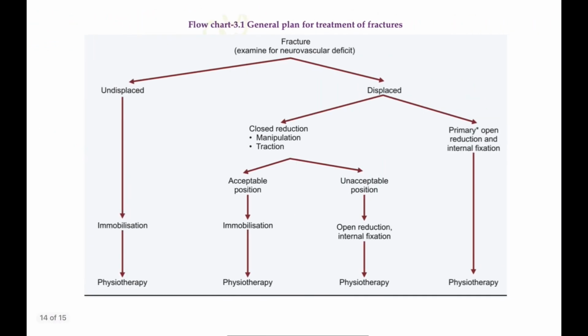Okay, right. So now I have taken these flow charts from Maheshwari to understand what will be the general plan for the treatment of fracture. So what we will do? Fracture we have, then examine for the neurovascular deficit, if any there, then undisplaced or displaced. Undisplaced is there, then immobilization, then physiotherapy. Okay. If displaced is there, like fracture is displaced, the part has been displaced, then what we'll do?